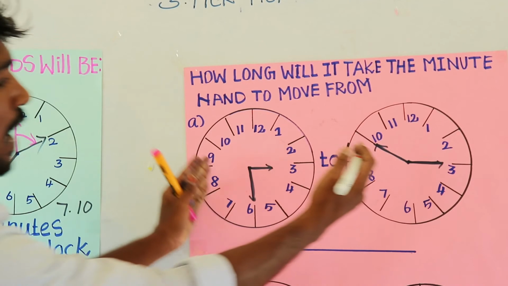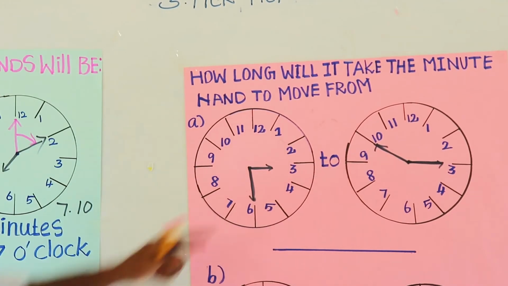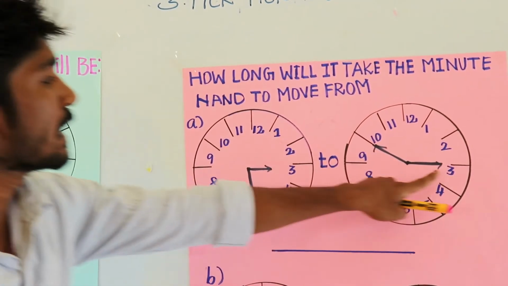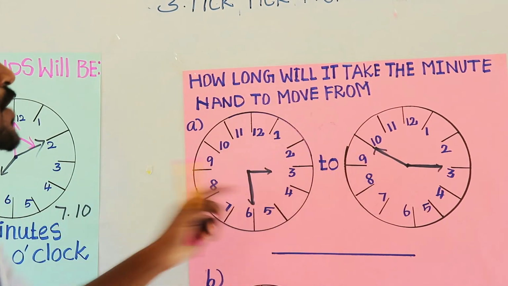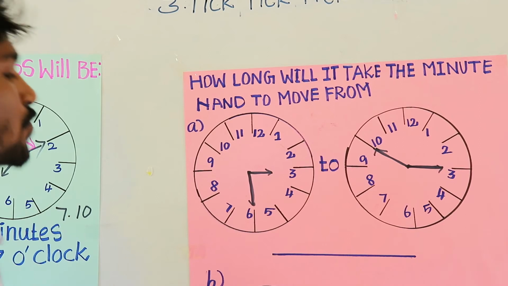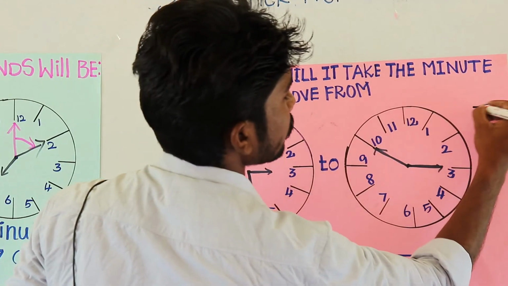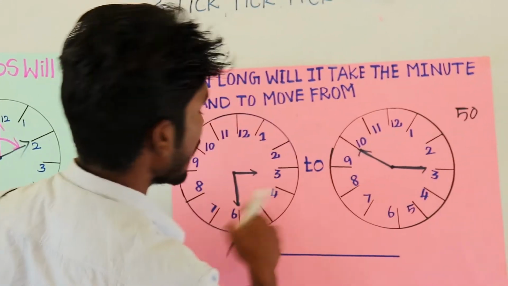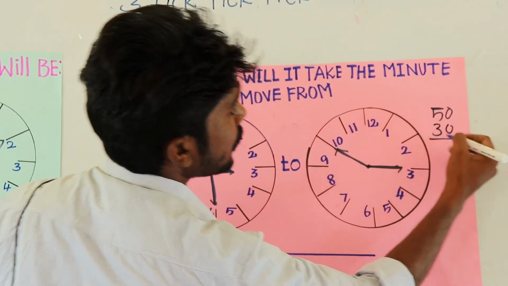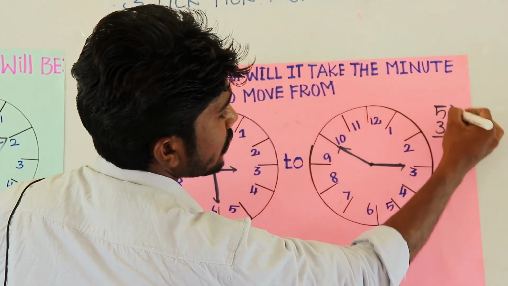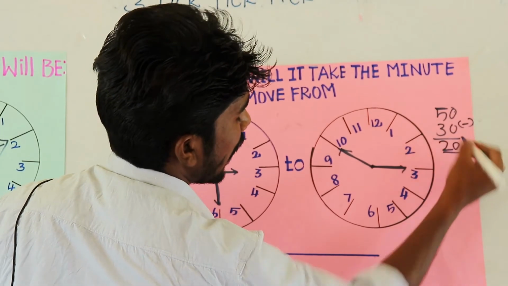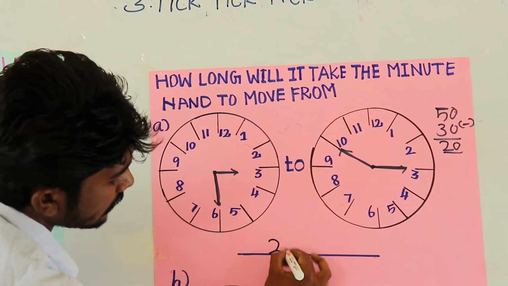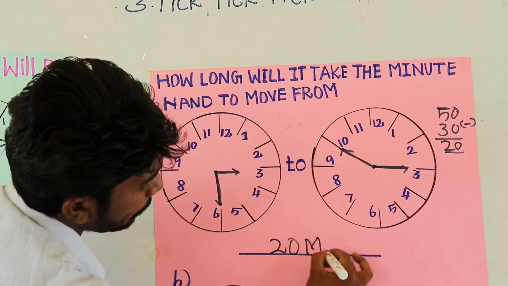So look at the clock. What is the difference? Here 3:30, here 3:50. So how much is the difference? 20. For example, 50 minutes here, 30 minutes here. So subtraction: 0 minus 0 is 0, 5 minus 3 is 2. So the answer is 20 minutes.